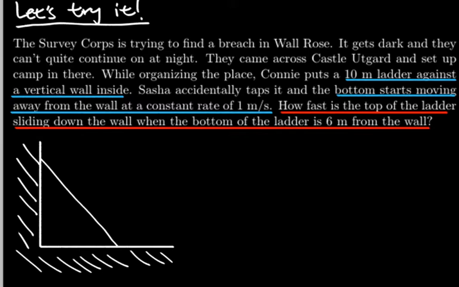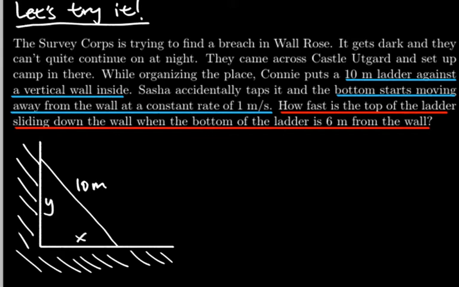So what do we know? We know a 10-meter ladder is against the wall, and the bottom starts moving away at a constant rate of 1 meter per second. Let's call this direction x and this y.